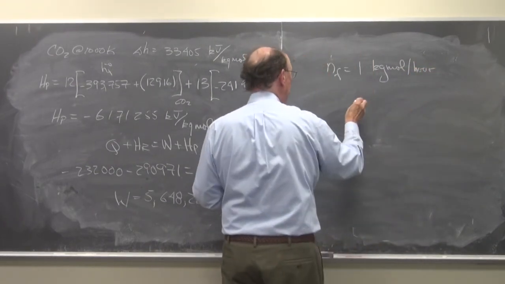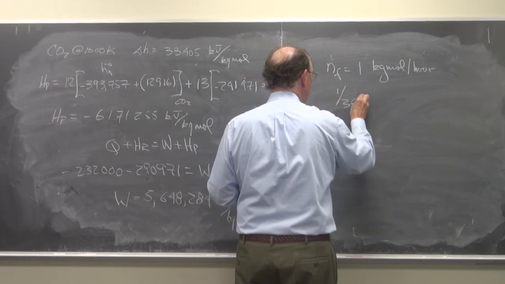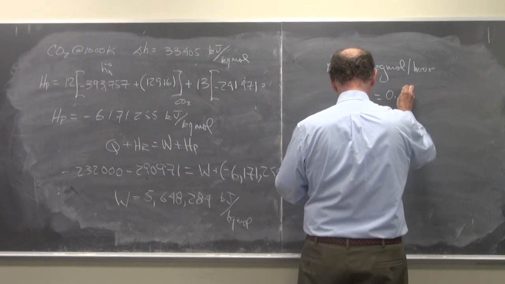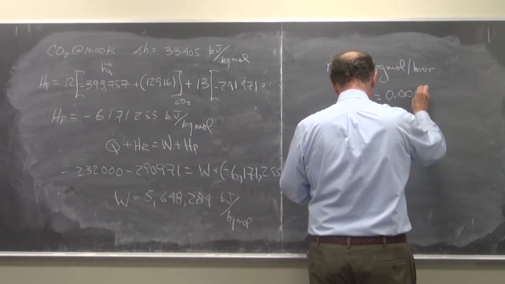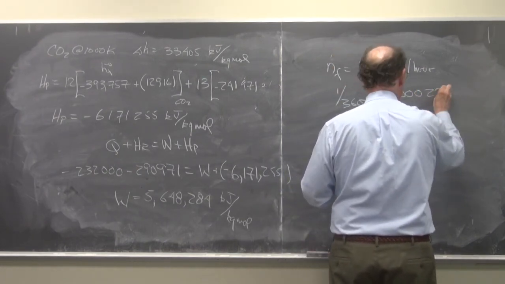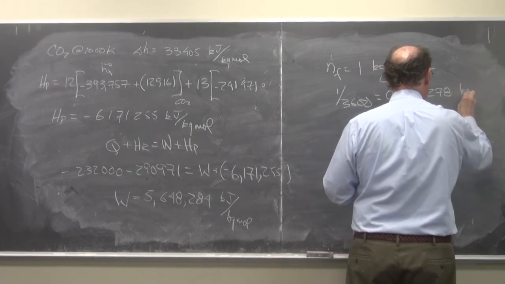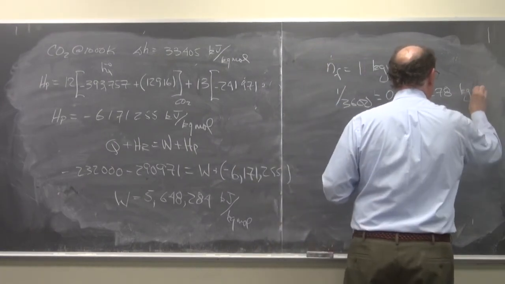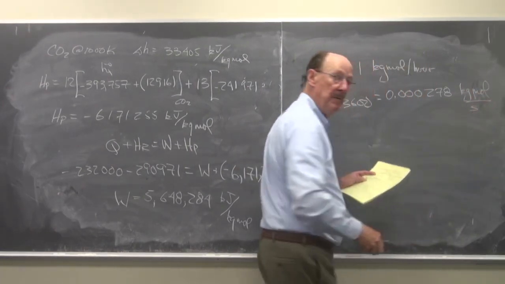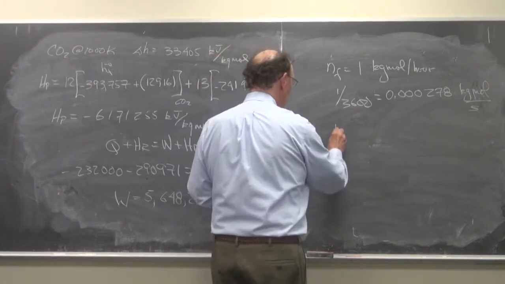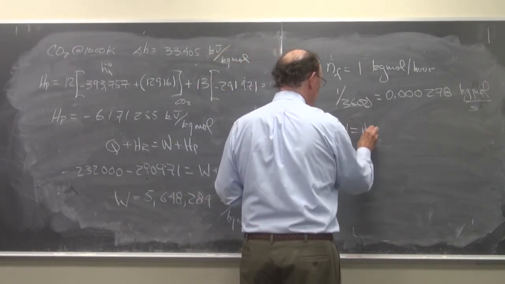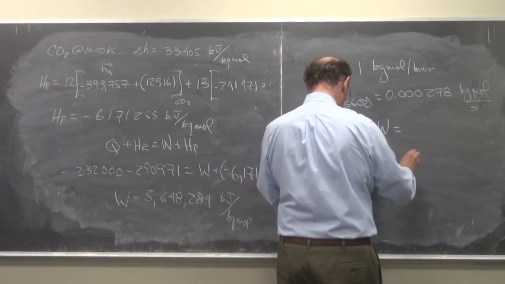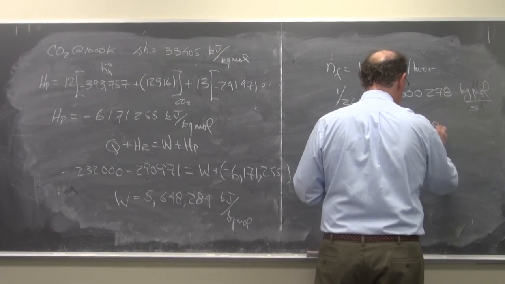So if I divide by 1 divided by 3600, it's going to give me per second 0.30123 kilogram moles per second. Then we have W dot is equal to N dot F times W. And so with that we have 1569 kilowatts.